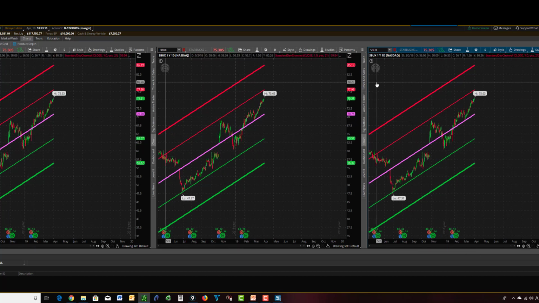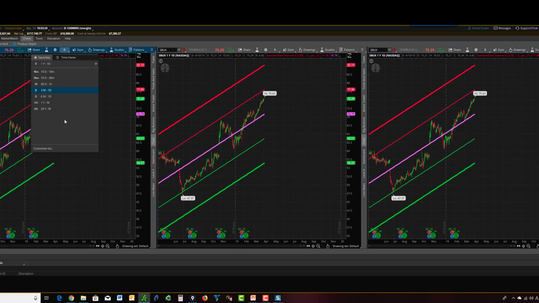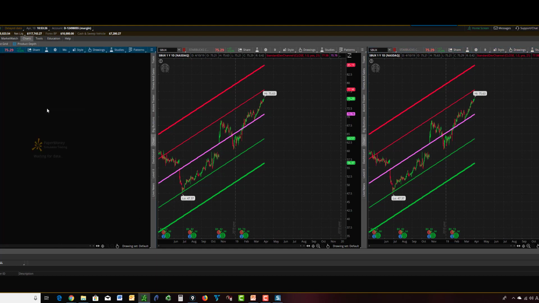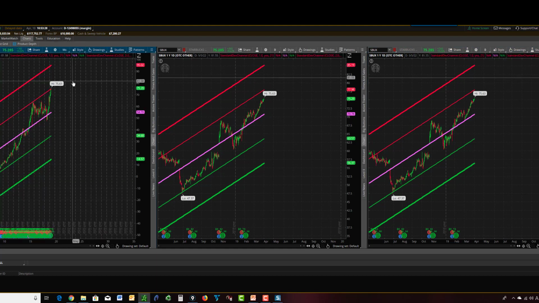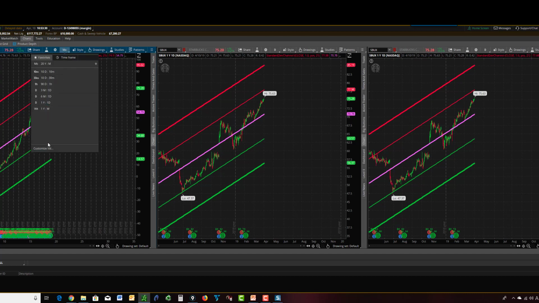Now, I like to have different time frames. On the last one on the side, I'm going to make it 20-year monthly. And here, if you click on this, you already have some preset time frames, but you can customize it. I like to have 1 year weekly. I like to see 3 months, sometimes 6 months daily.